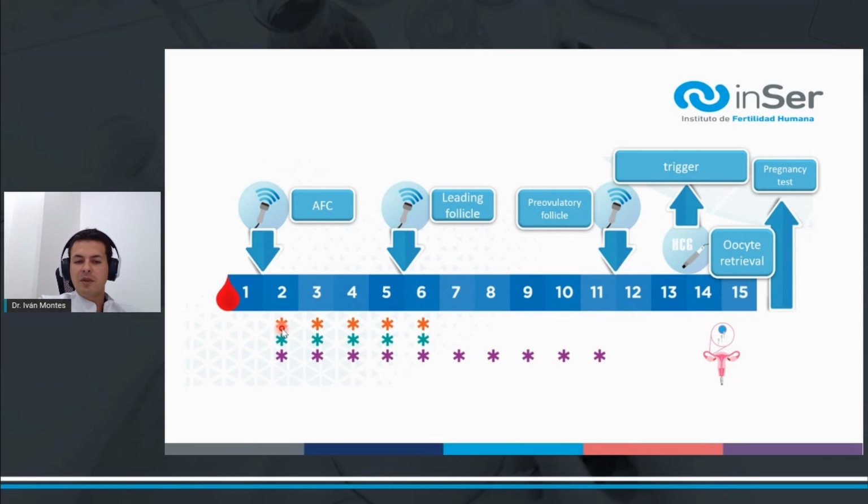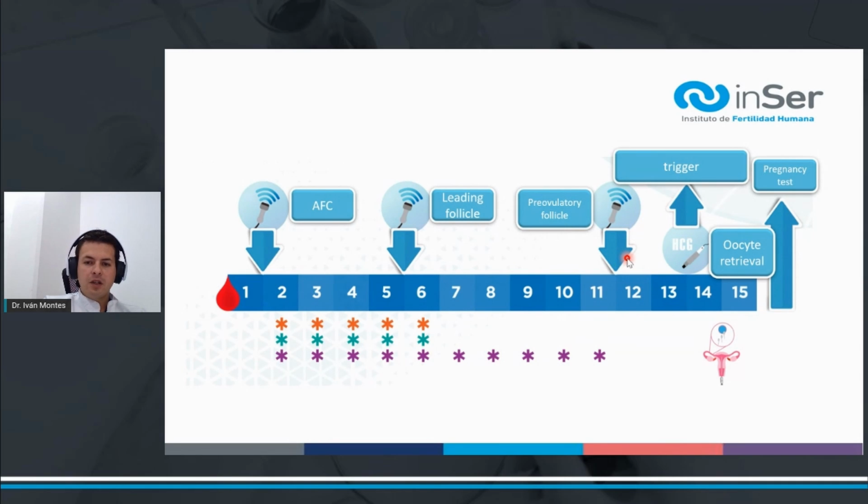It could be clomiphene, letrozole, or gonadotropins. There are different types of treatment that are not part of this presentation. On the 5th to 6th or even 7th day, we do another ultrasound to see the leading follicle. And we do another ultrasound between the 11th and 12th days after the start of the treatment to check how the follicles are going.